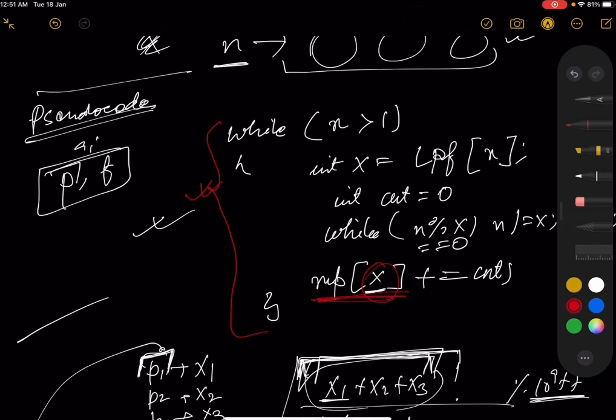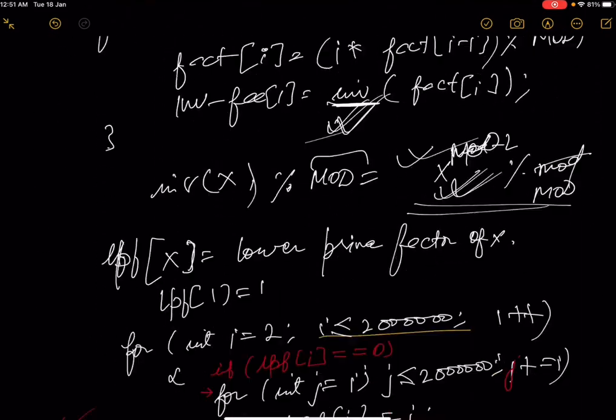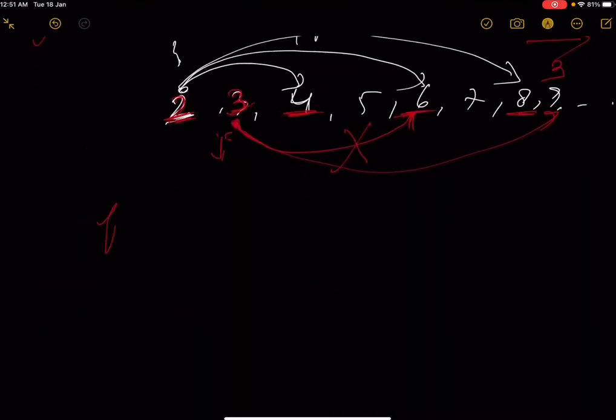After finding this, we will iterate through all the prime numbers which have been mapped. We know that a map stores in the form of key and value, so the key will be the prime number and the value will be its count.